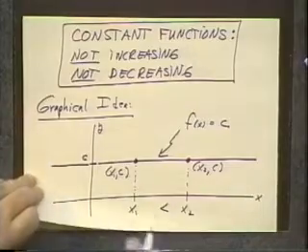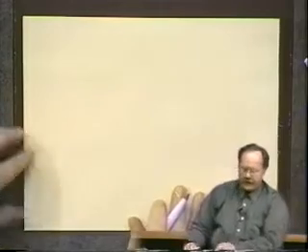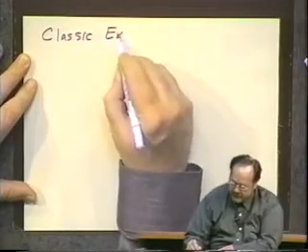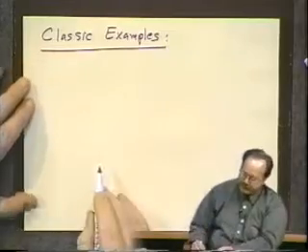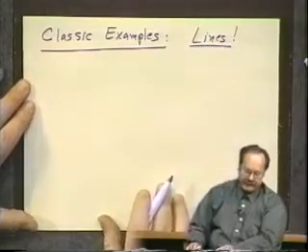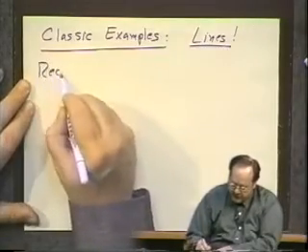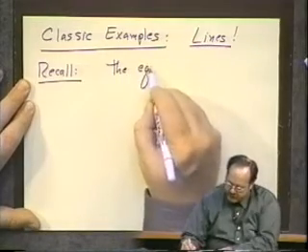All right. Well, among the many functions that increase and decrease or are constant, there is a classic set. One of them we just saw when we saw a constant function. That was a line. In fact, lines are sort of classic examples. So let's go ahead and toss these in now. We're going to see a lot more of lines. We've seen them already in the previous unit. Classic examples, lines. But now we'll see more of these. Let's recall, so we can put this in perspective, the equation of a line.